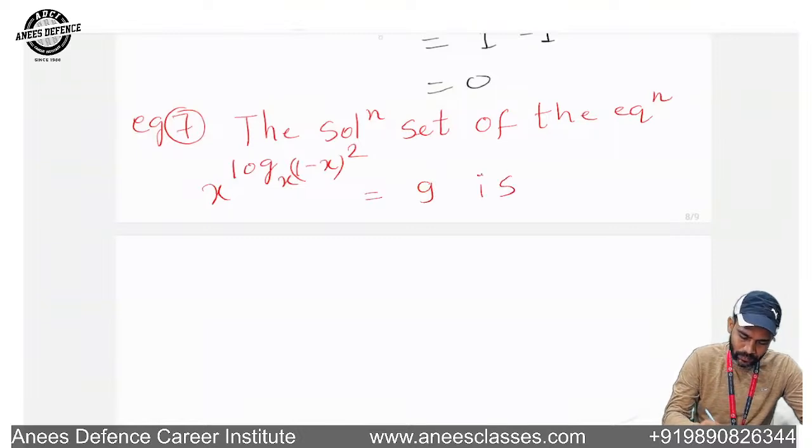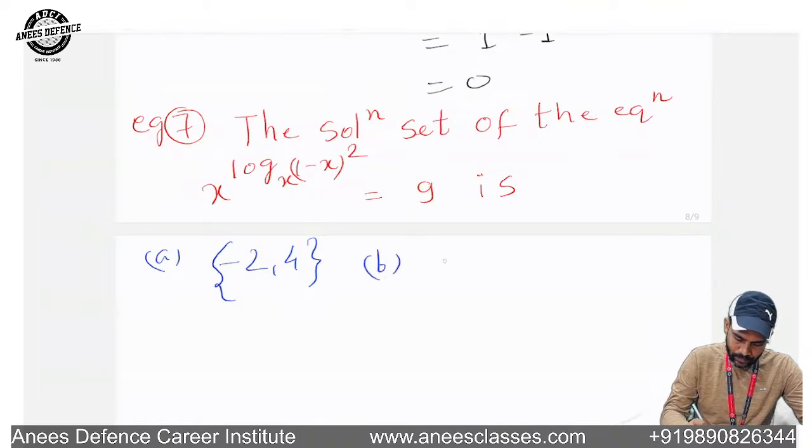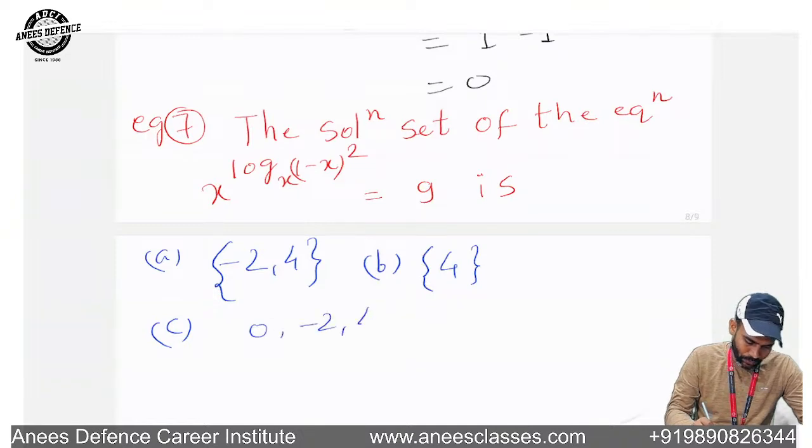Options are: A, minus 2 comma 4; B, 4 only; C, 0, minus 2 comma 4; and D, none of these.